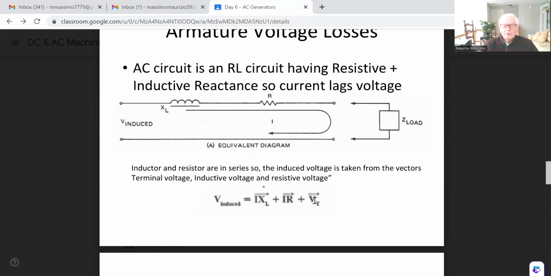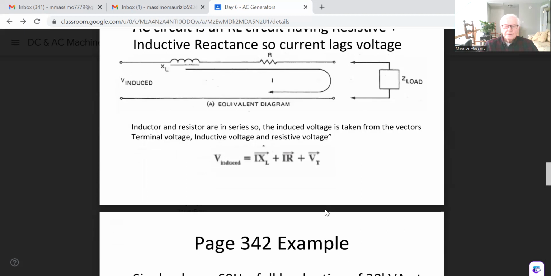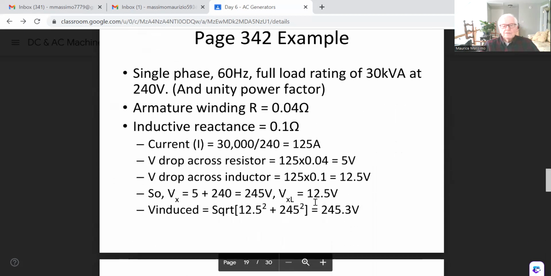So we have a produced voltage, we have an IR drop, and we have a reactance voltage. And here's an example you can go over slowly on your own to see how we get from current to the voltage drops and the amount of induced voltage that we get out of such a device.